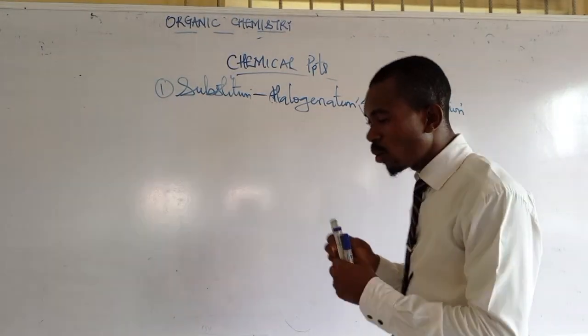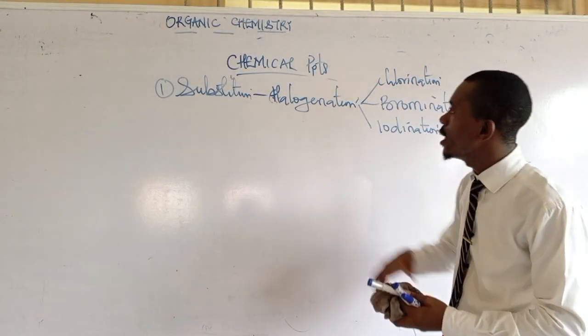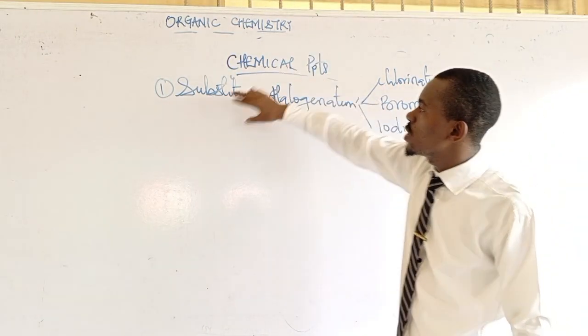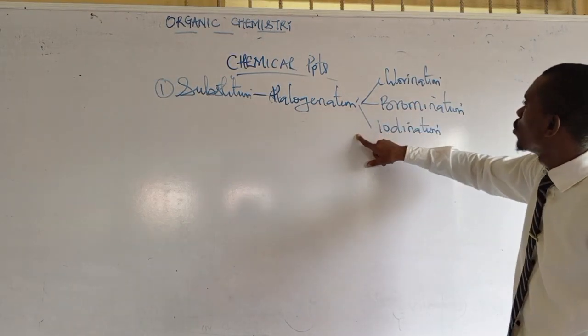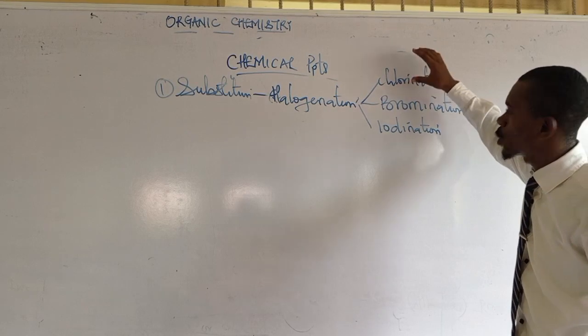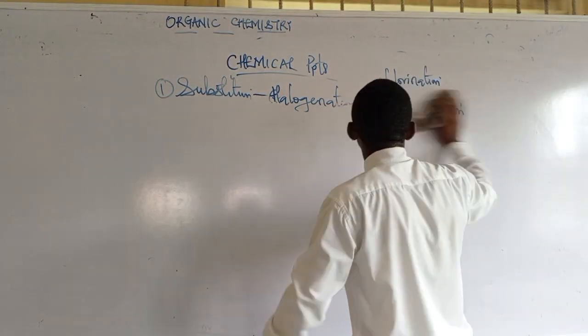So this is basically what we're discussing now, not hydrogenation. Okay? So basically, methane undergoes substitution reaction. If it undergoes that reaction with halogen like chlorine, it is chlorination, bromination for bromine, and iodination for iodine.